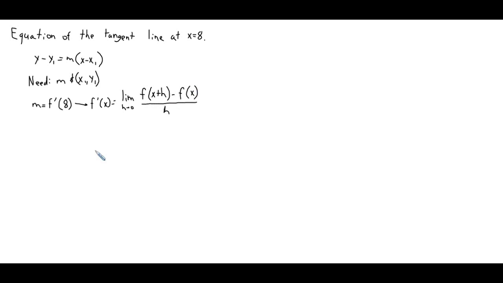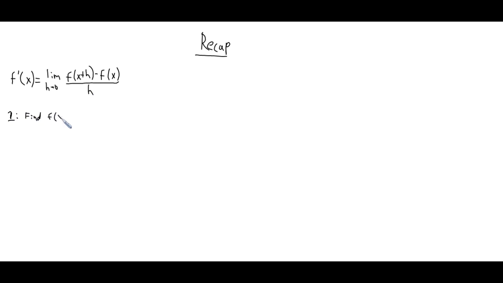They have that point in common. So to get our y value, we just plug in 8 to f of x, not to f prime of x, it's an easy mistake to make too, but to f of x. So y1 equals f of 8. And so then we got our y1, we had our x1, which was 8, we have our m from our derivative, and we plug everything in, and we get our answer.